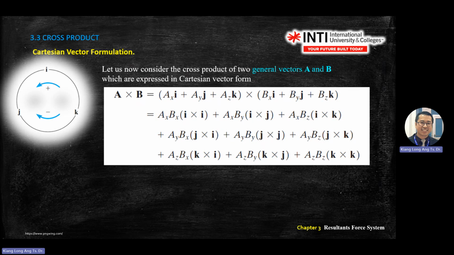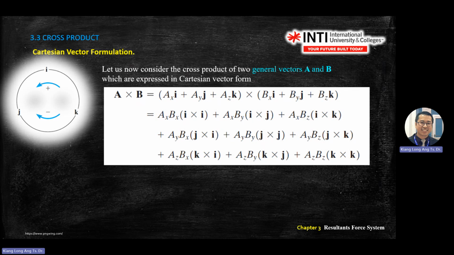Okay, so if you take A cross B, I don't expect you to derive all this, but I just explain it so it makes sense. A cross B means you take vector A split into ijk components, ax, ay, az, cross B's ijk components, and so on.